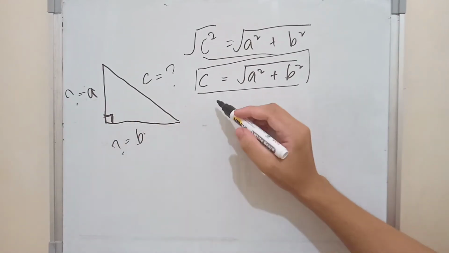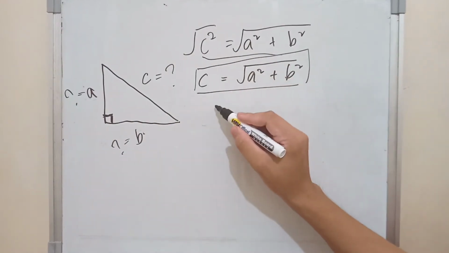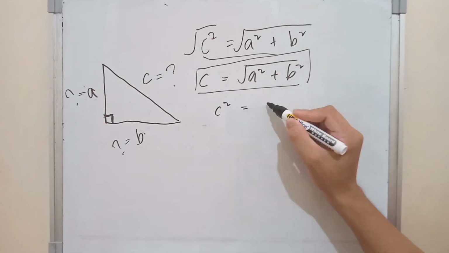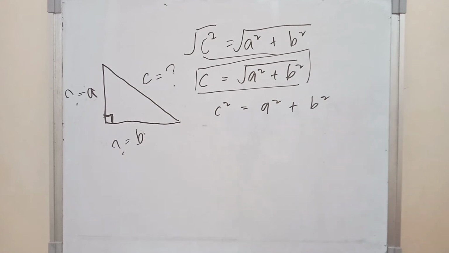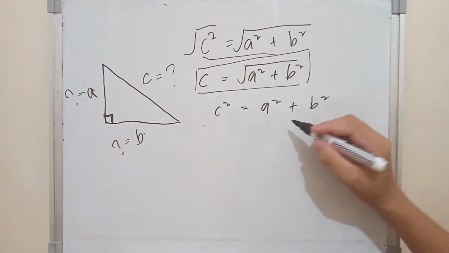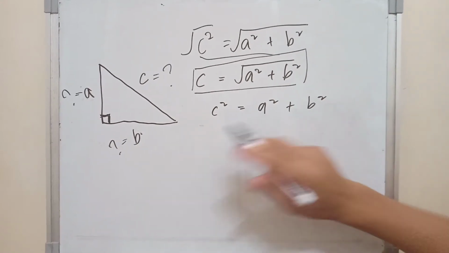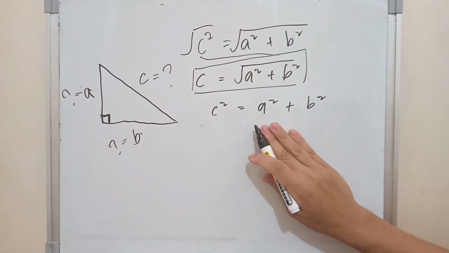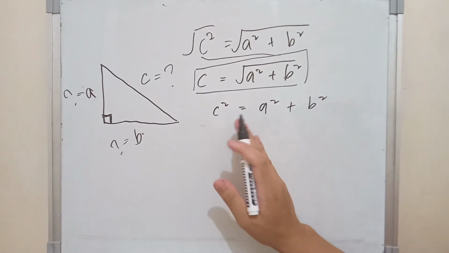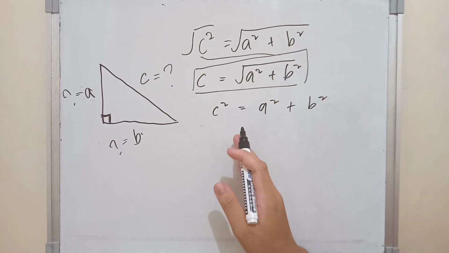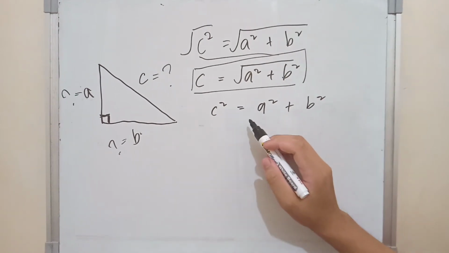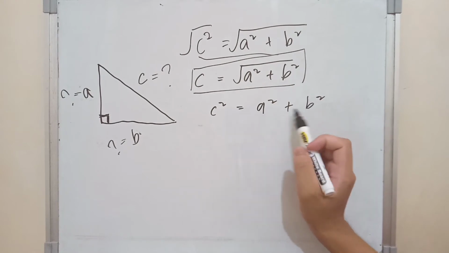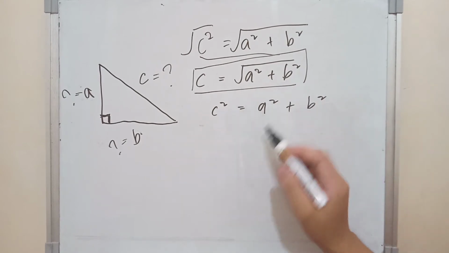Kung A yung unknown, from the theorem, C squared equals A squared plus B squared. Gagawin natin dito is kailangan yung sa isang side ng equality sign, ang matitira lang ay A. So, gagawin natin dyan, lilipat natin to sa kabila.